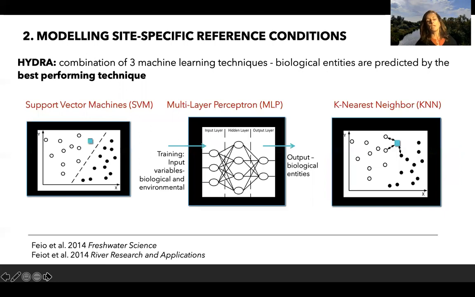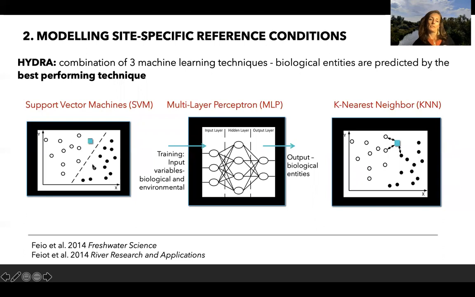So the Hydra is a combination, in fact, of three machine learning techniques: support vector machines, multi-layer perceptron, and k-nearest neighbor. All of them work in different ways. The multi-layer perceptron is more like a neural network, but they all allow the prediction of biological entities by the similarity.